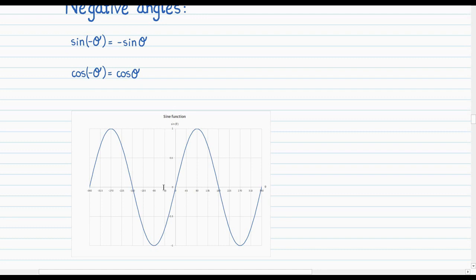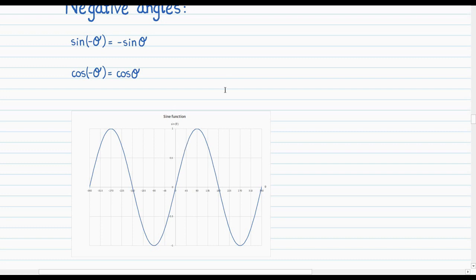So sine of negative 45, we can see here it's a little less than minus 0.5, so this is roughly minus 0.6 something. So sine of negative 45 is roughly negative 0.6 something, and then this would be the same as negative sine of positive 45, meaning positive 0.6 something.